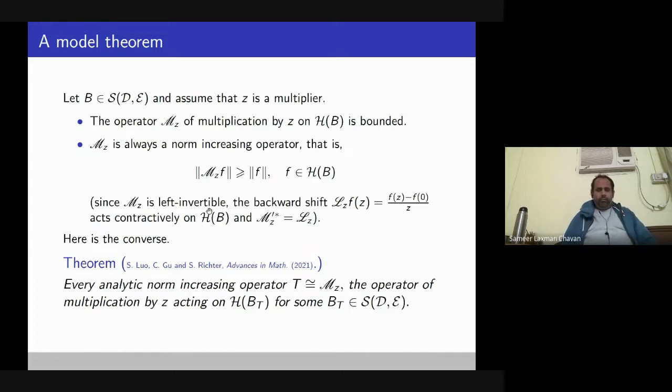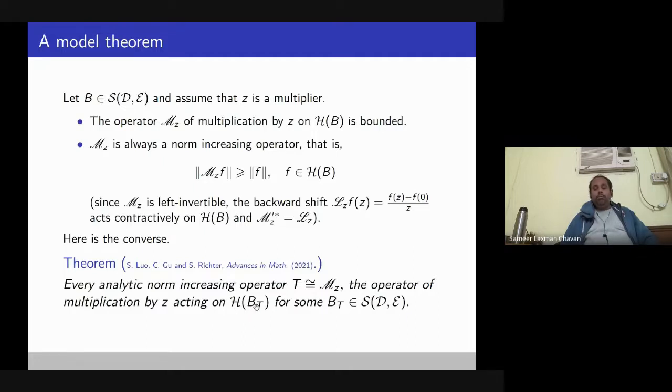If you have these two conditions, and there is one more condition, namely analytic, which essentially says that the intersection of all powers of ranges is trivial. So we have these three conditions: analytic, norm increasing, and left invertible. Then the operator is necessarily unitarily equivalent to multiplication by z on some vector valued de Branges space.